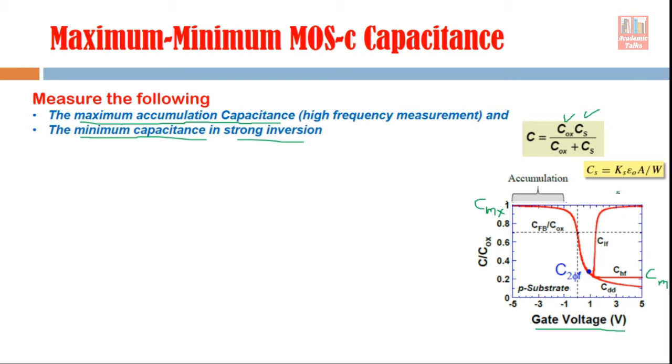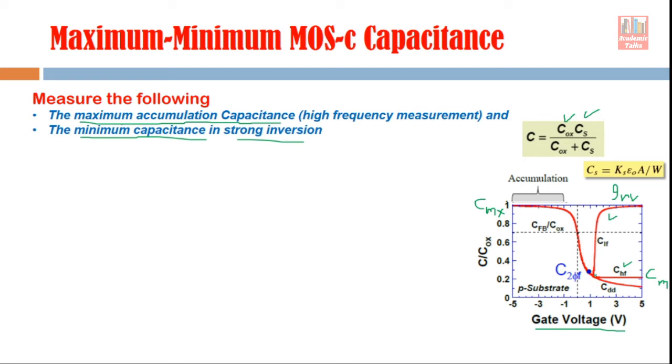This is the inversion region. All this is the inversion region, right? Whatever is happening here on the positive voltage side is the inversion region. So this is also inversion and this is also inversion. The difference between these two is only in terms of the frequency of the signal.